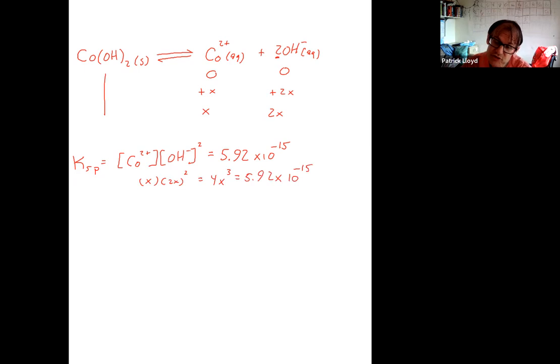So the approach we used in the previous section, in the previous problems, was to solve for x, and that would give us the molar solubility of the ionic compound. So let's go ahead and do that again. We're going to divide both sides by 4, and that will give us x cubed. And then to find x, we're going to take the cube root of both sides.